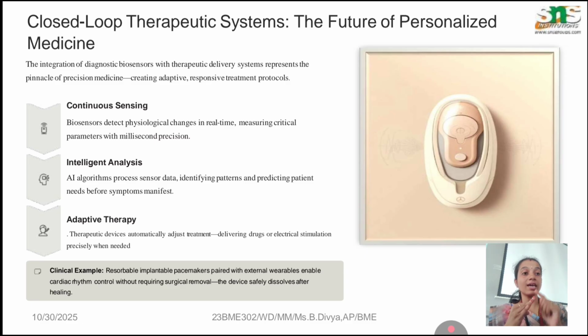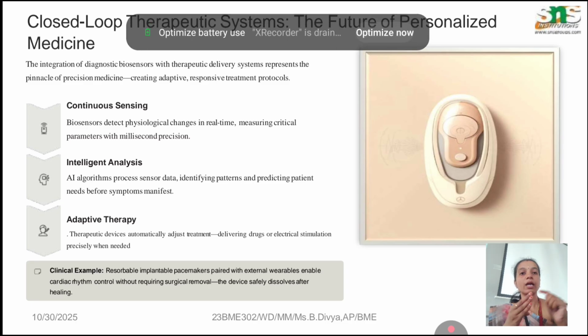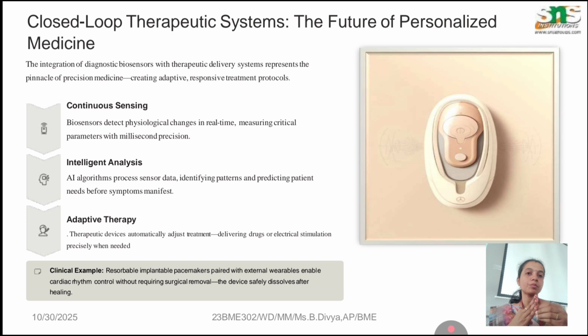Intelligent analysis: AI algorithms can be used to analyze different parameters of the body. And then adaptive therapies: therapeutic devices automatically adjust treatments, delivering drugs or electrical stimulation when needed. The required therapy or precaution can be given immediately.